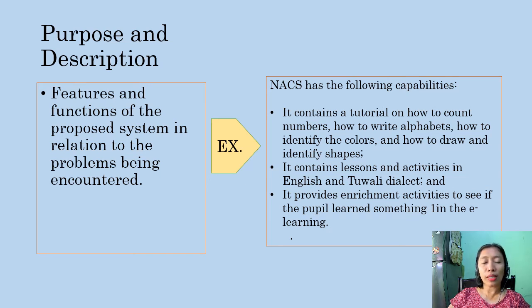It also contains lessons and activities in English and Tuwali dialect. And it provides enrichment activities to see if the pupils learn something in the e-learning material. Okay, so the features and functions of the proposed system will answer the problems encountered in the existing system.